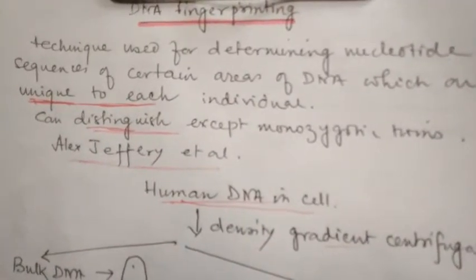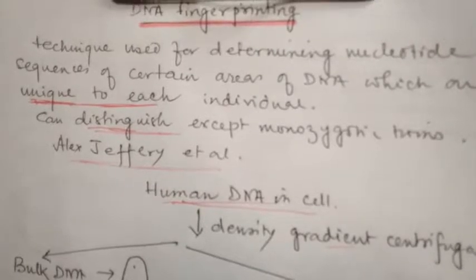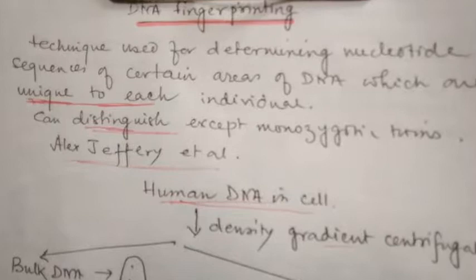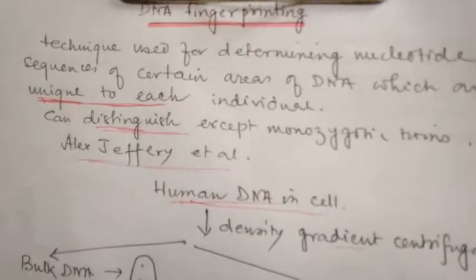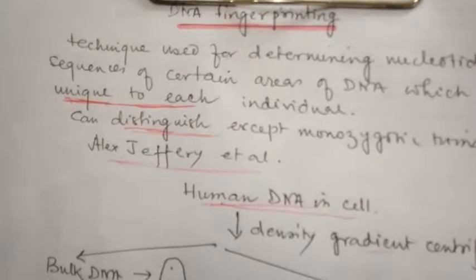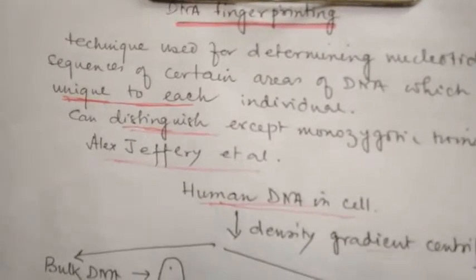So what do we have to target? We have to target that unique part, that means the 0.1% which is not similar in various individuals. Clear? So we determine the nucleotide sequence of those particular areas which are unique for that individual.